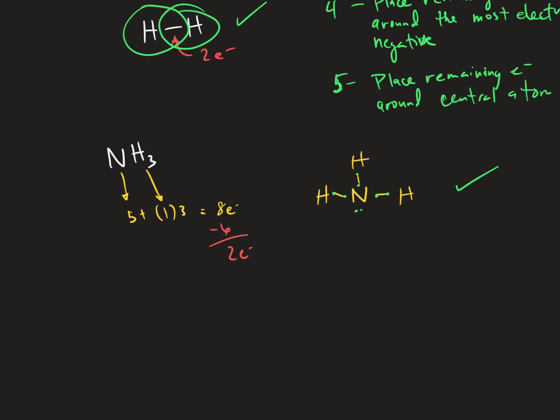So hydrogen has 2 because it's shared with nitrogen, and nitrogen has 8 because it's shared with 3 hydrogens. These are shared. That means each atom gets to include them as theirs because they're sharing them. Right? Did that answer your question?